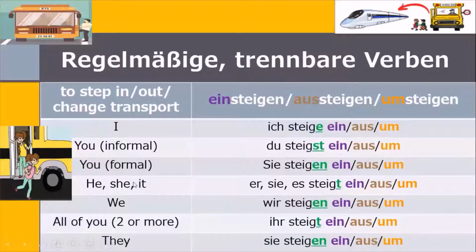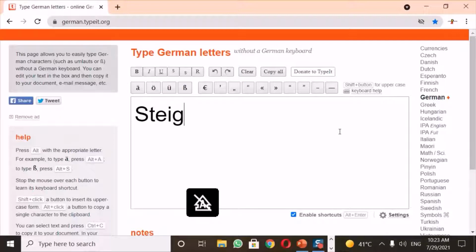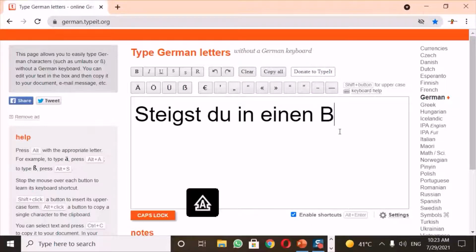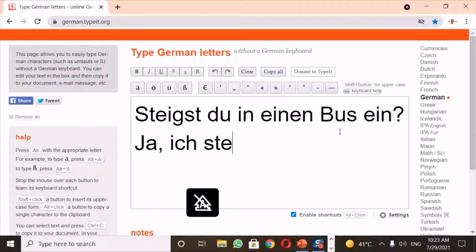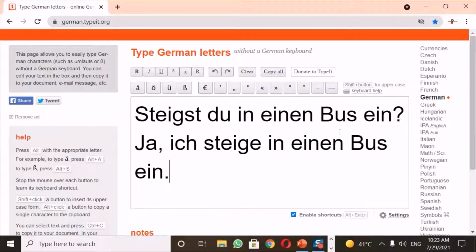In a sentence or question, this is how they will be positioned. Steigst du in einen Bus ein?